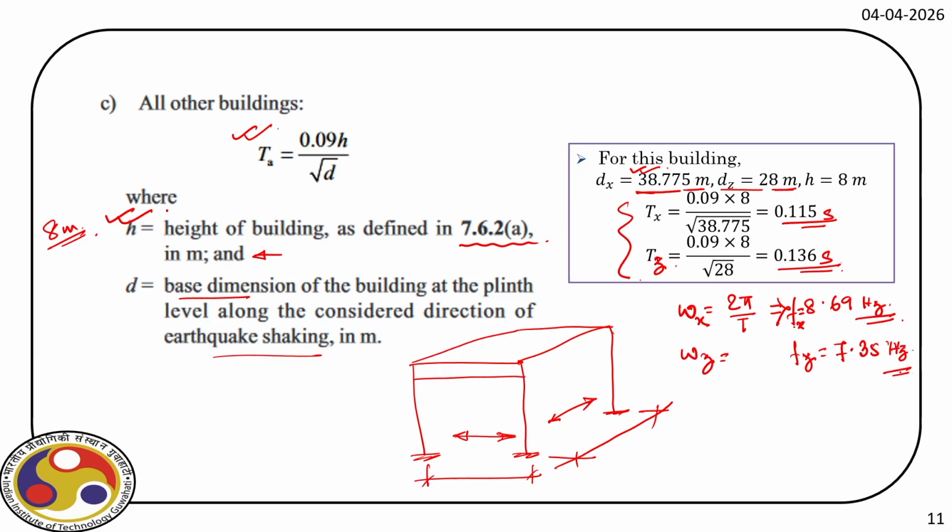Okay, so now let us move over to STAAD modeling and see how we can do the complete design. However, in our analysis, we will actually use this value of T. You can also change that to your actual value of time period that you obtain from the modal analysis.